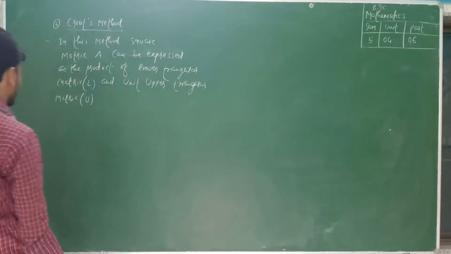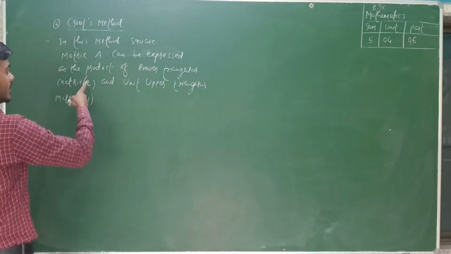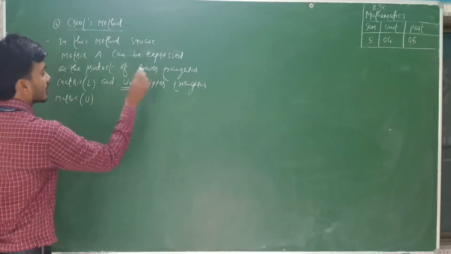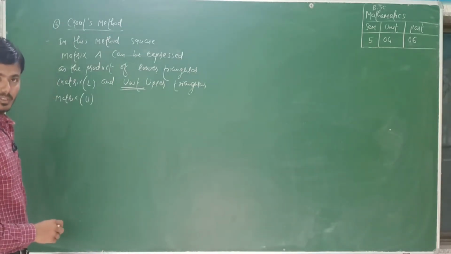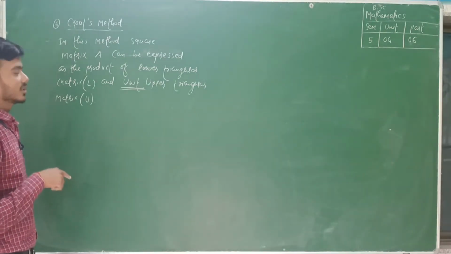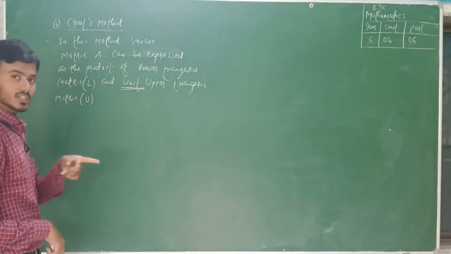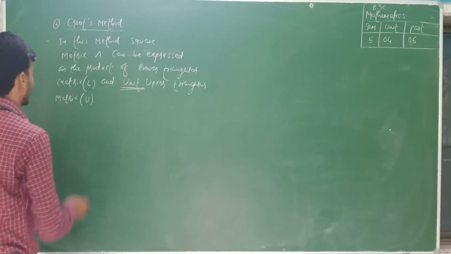So keep this in mind: in Crout's method, L is the lower triangular and U is the unit upper triangular. Whereas in the LU decomposition method or method of factorization, L is the unit lower triangular matrix and U is the upper triangular matrix.